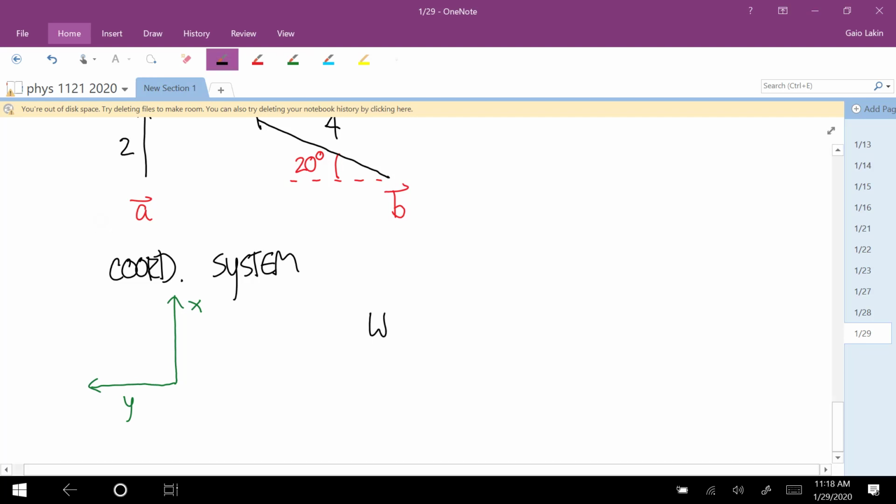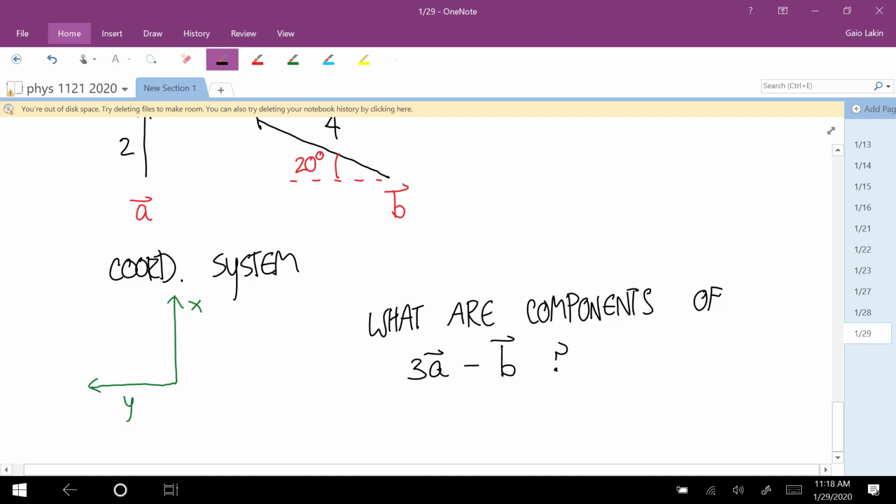And we want to know what are the components of the vector 3A minus B in this coordinate system.